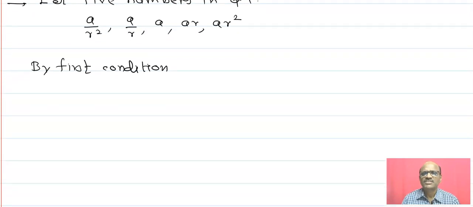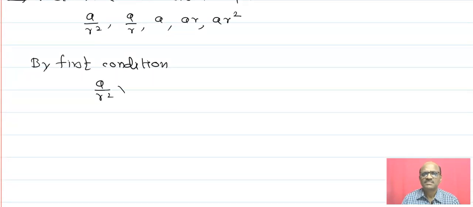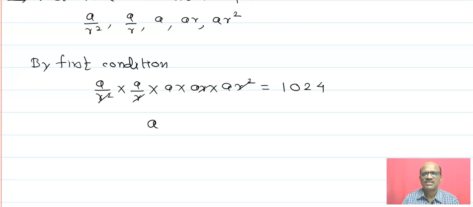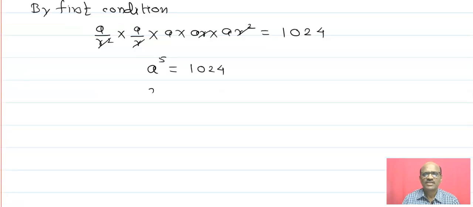By the first condition, their product, that is a upon r square into a upon r into a into ar into ar square, is equal to 1024. With the cancellations, you will get a raised to 5 is equal to 1024, and a raised to 5 means what? That is 4 raised to 5.